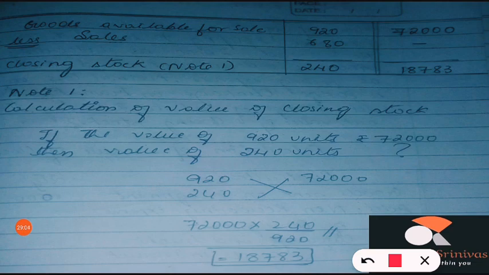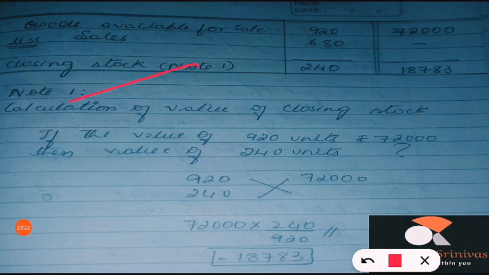Then you have to calculate the closing stock. How to calculate this closing stock? First, write a note number 1. In this, you have to do the calculation of value of closing stock.